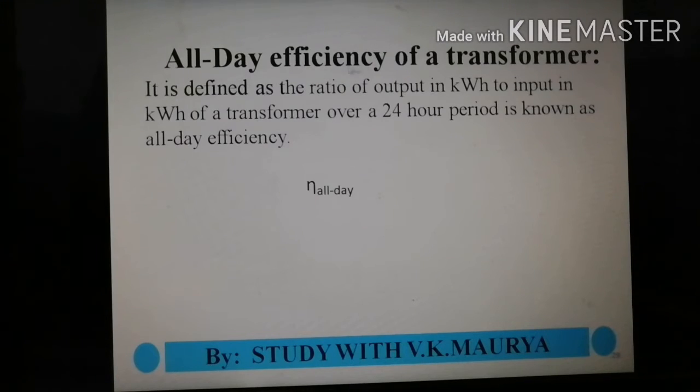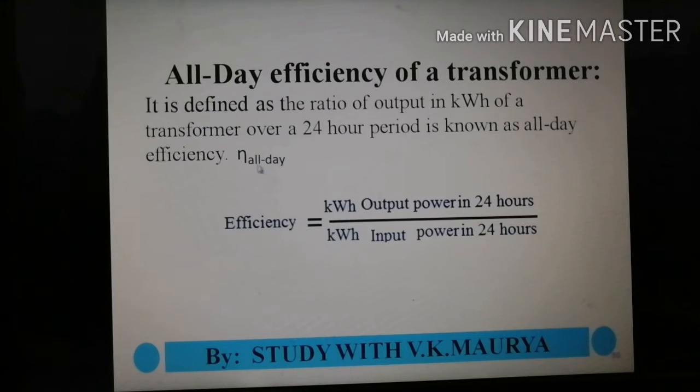All day efficiency of a transformer is defined as the ratio of output power in kWh to input power in kWh over a period of 24 hours, and it is denoted by eta all day. Formula: all day efficiency is equal to kWh output in 24 hours divided by kWh input in 24 hours.